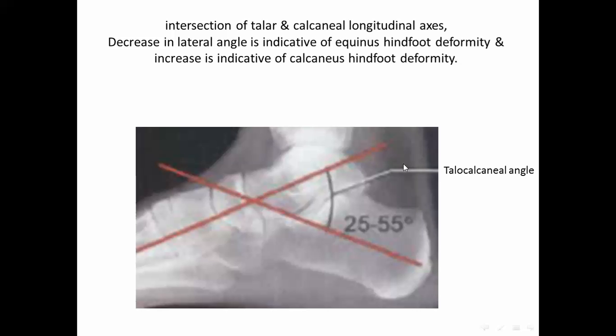Decrease is indicative of equinus hind foot deformity, that means that it is a transverse one, and increase means that the calcaneum is showing some deformity.